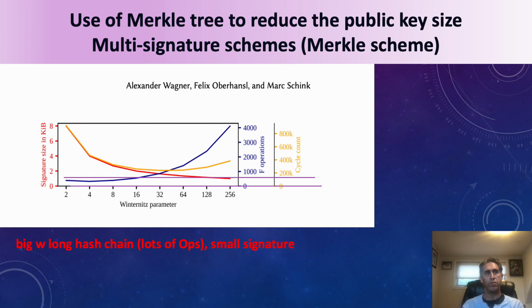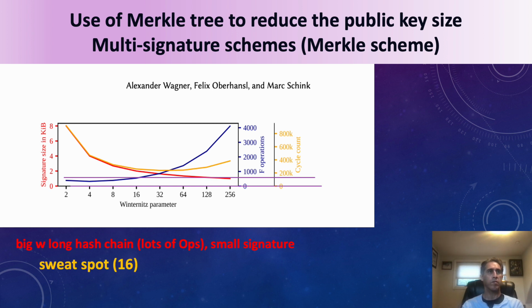But I'm not going to go through it. They make a comparison between signature size, how much I lose in signature size, and how much I gain in operations. This is something you can take a look at when you're picking the parameter size.